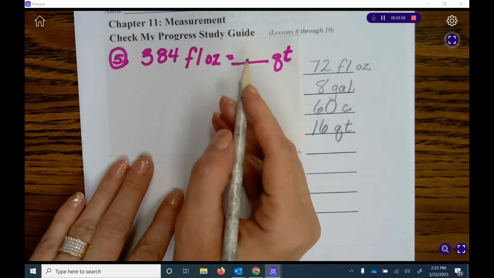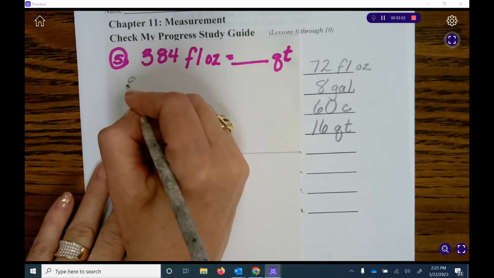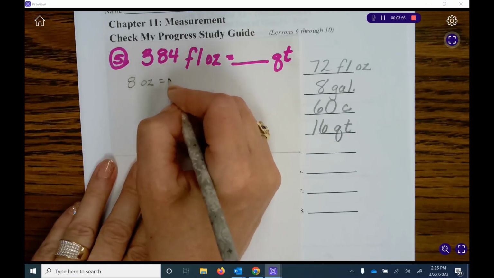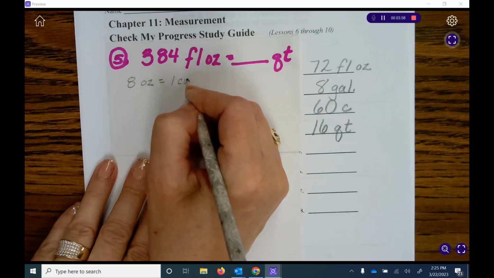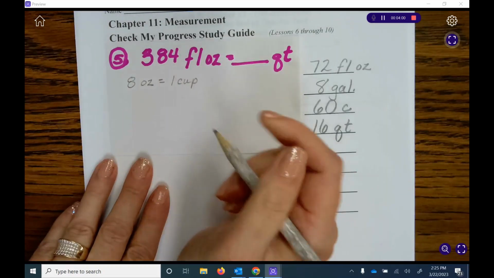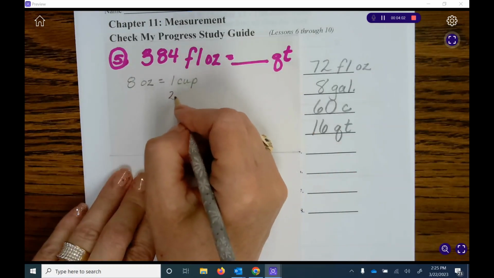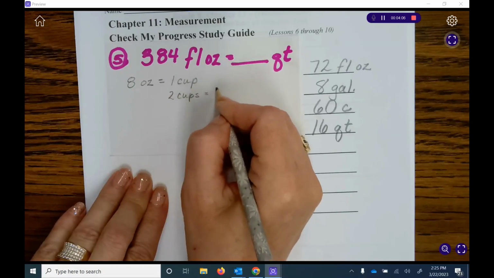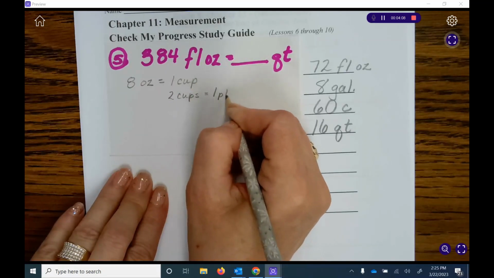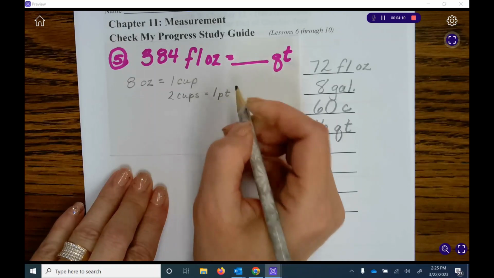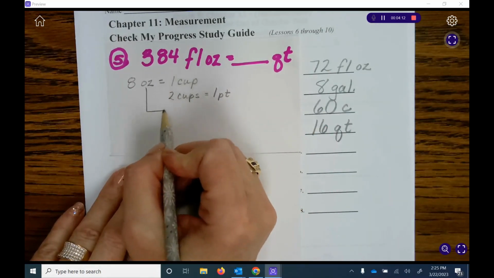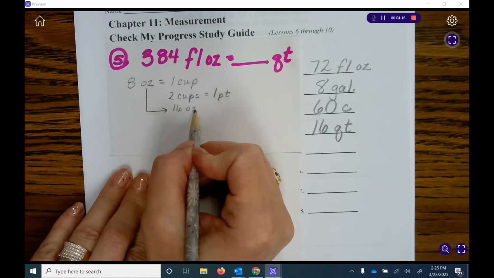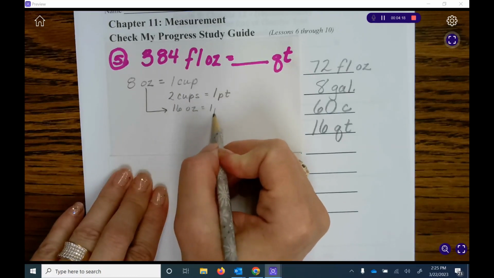I know that 8 ounces equals 1 cup. I know that 2 cups equals 1 pint. That means 16 ounces equals 1 pint.